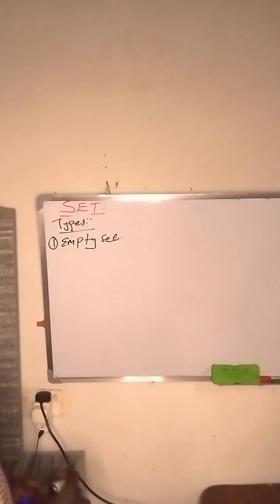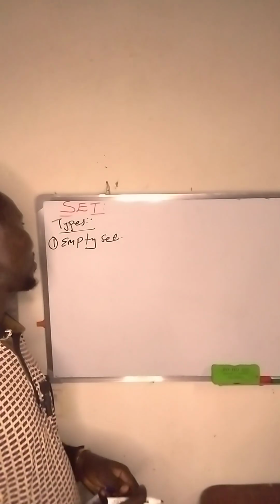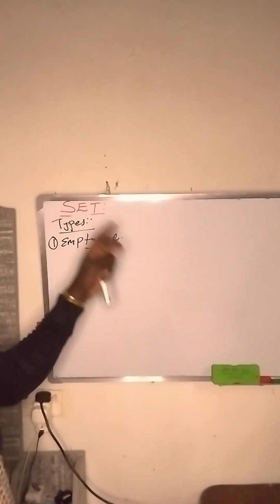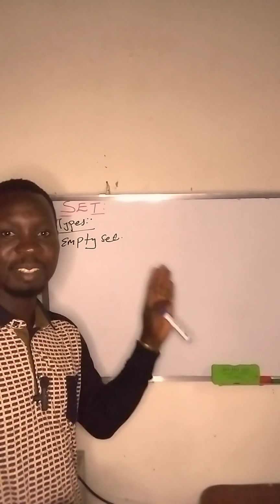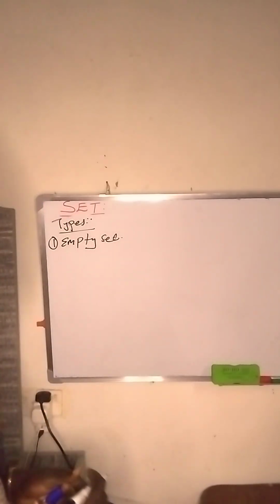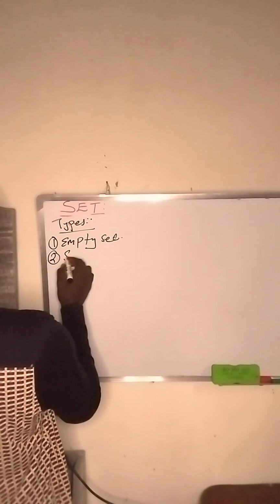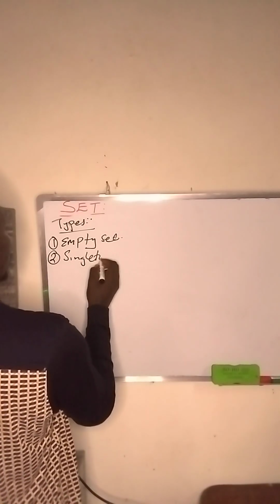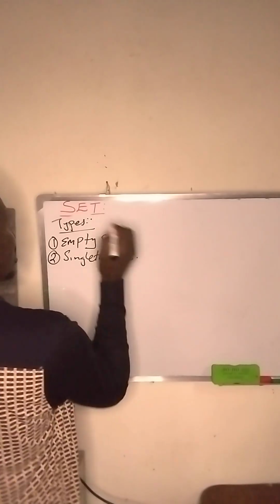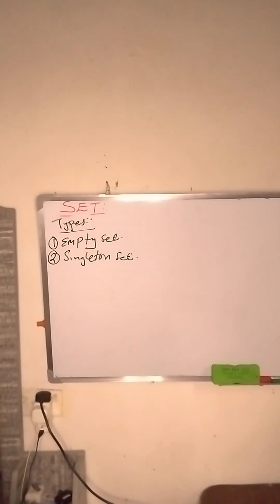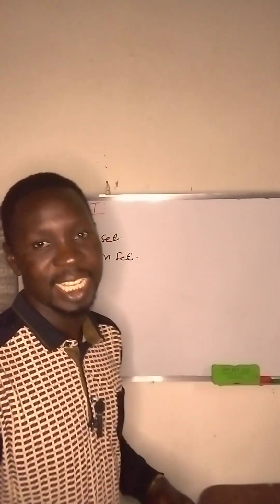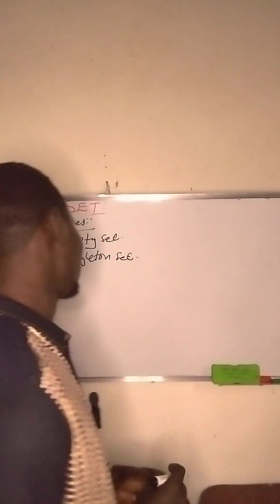And we are going to look at how we represent an empty set. Then two, we have a singleton set. Also, we are going to look at what a singleton set is all about.